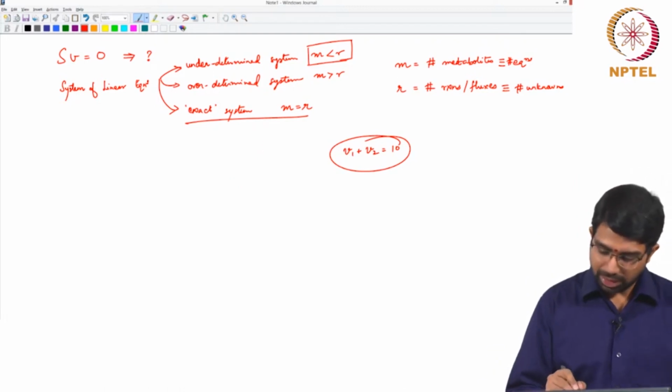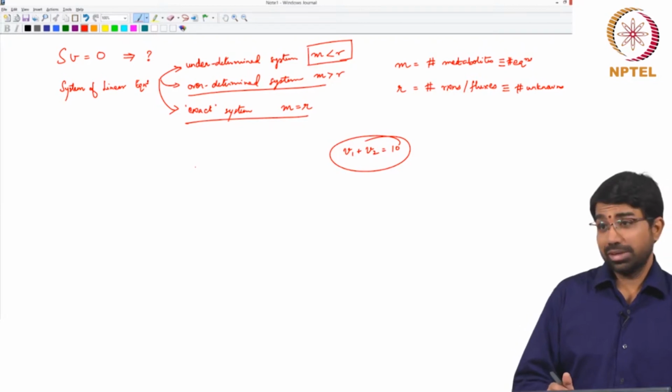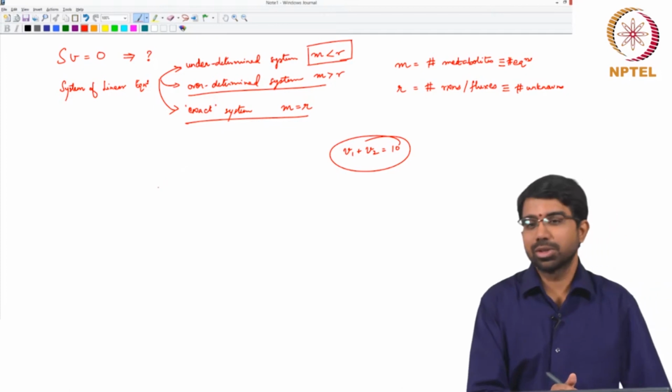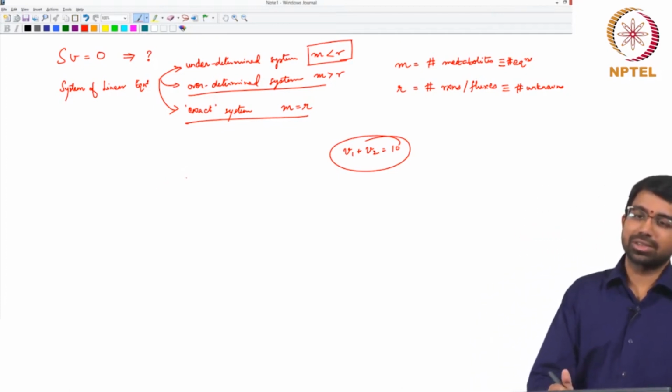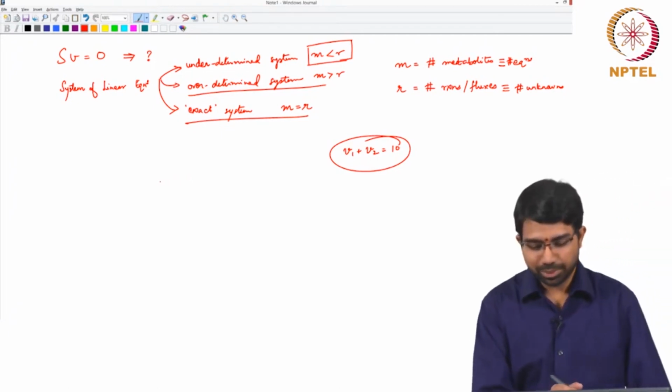And an overdetermined system could be inconsistent, right, or you might be able to fit a good solution, a solution that satisfies most constraints within some epsilon, something like a least square solution and so on, right.